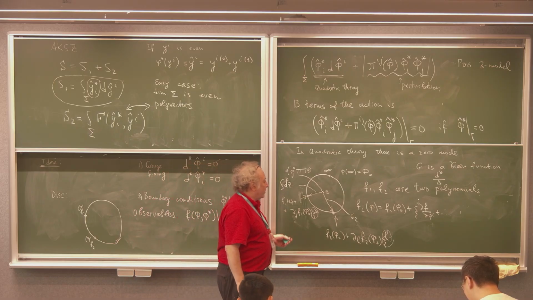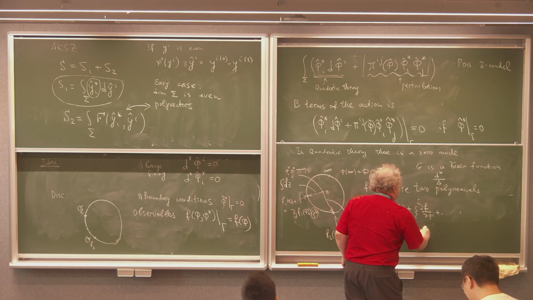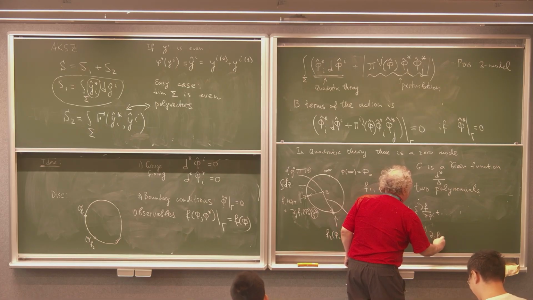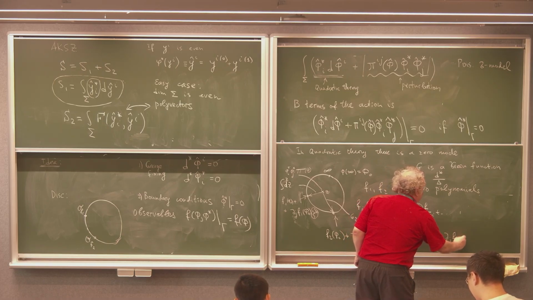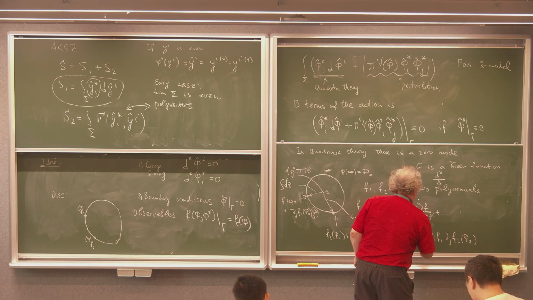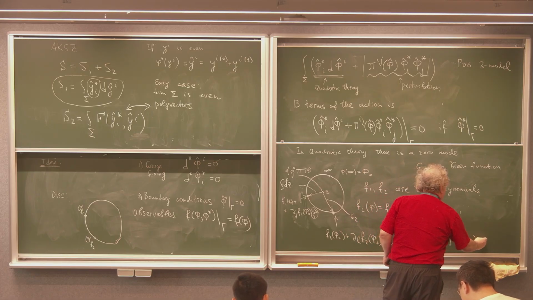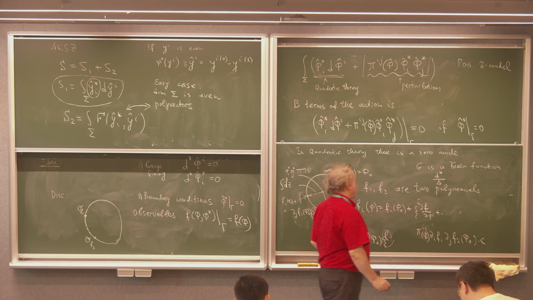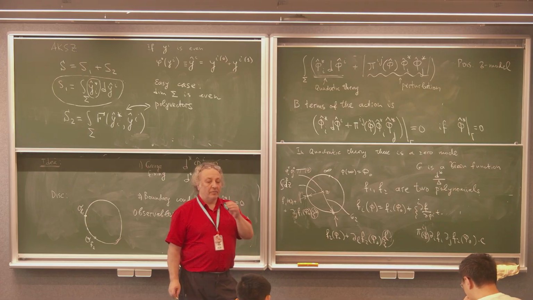And as a result, I will get the correlator, alpha ij d_i F1 d_j F2 at phi 0, everything at phi 0, times some numbers. And this is the correct first order term.